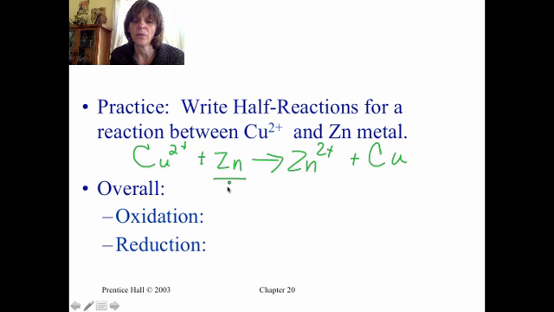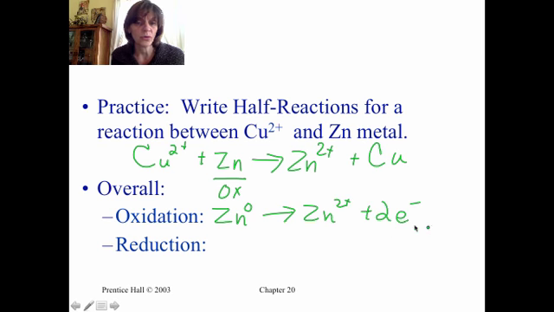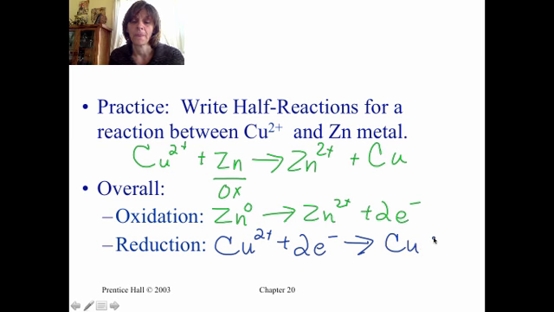So the zinc is the one that is oxidized. So zinc with a 0 charge, I'll just put that there to help you see that, yields a zinc 2+ plus 2 electrons. You don't ever subtract electrons. So the reduction, therefore, is going to be the copper 2+ ions gaining those 2 electrons to produce copper. Seemed like most of you got that in the lab.